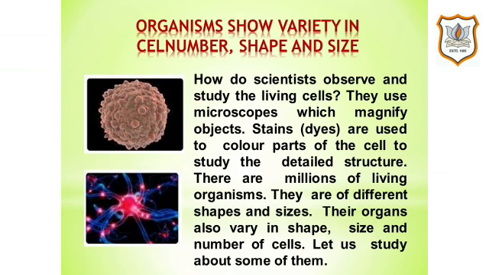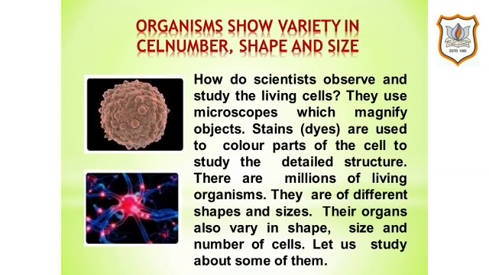Now students, our next topic is: organisms show variety in cell number, cell shape and cell size. How do scientists observe and study the living cell? They use a microscope which magnifies objects. Stains, means dyes, are used to color parts of the cell to study the detailed structure of the cell.